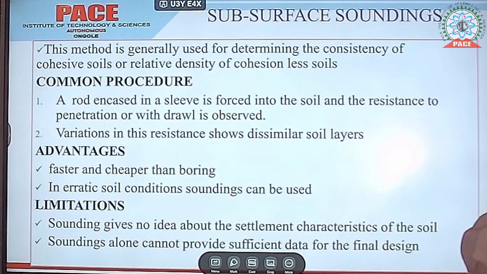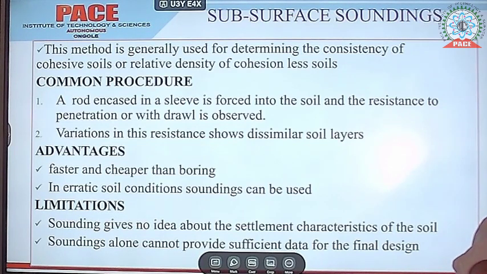Next, coming to subsurface soundings. These are used after the previous methods of exploring the soil, and subsurface soundings are generally for determining the consistency of cohesive soils or the relative density of cohesionless soils.